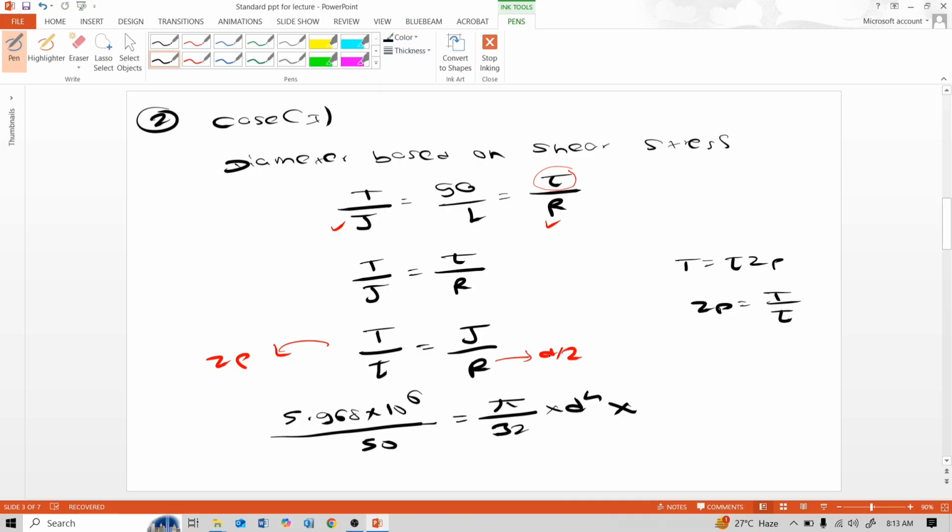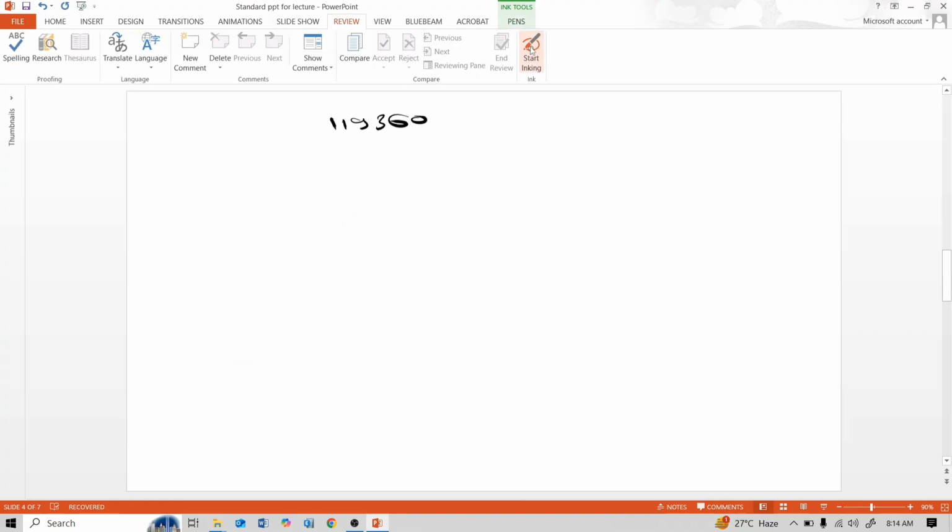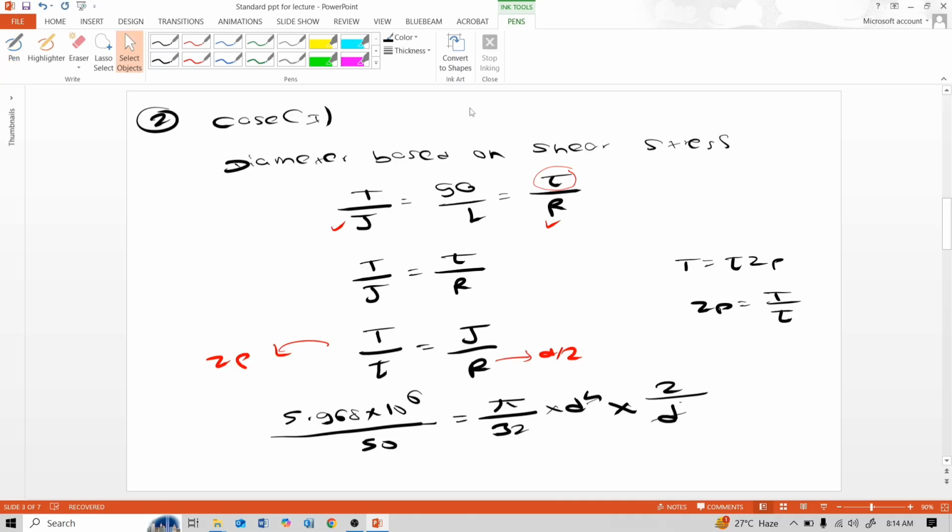So one D gets cancelled. This equation becomes 5.968 into 10 raised to 6 upon 50, which is 119360, and ZP in mm cube is equal to pi by 32 into 2, that is pi by 16 D cube.